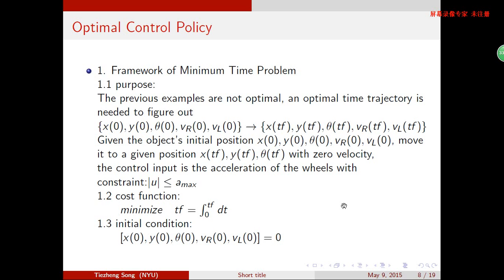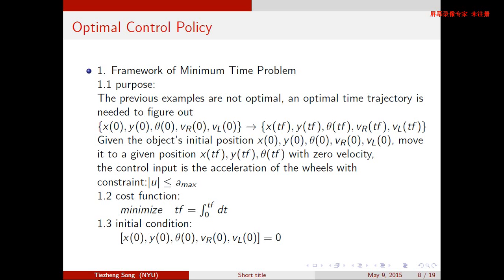Now I will talk about how to find the optimal control policy in this project. The previous 2 examples I showed are not optimal in either time or distance, and the speed of the wheels also needs to be controlled.